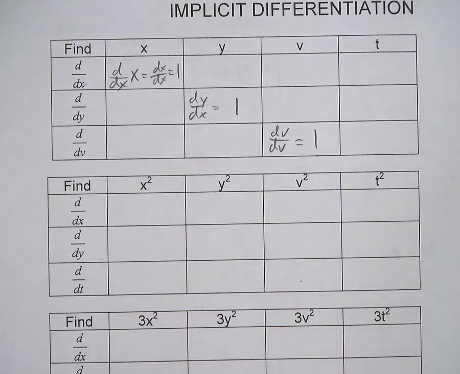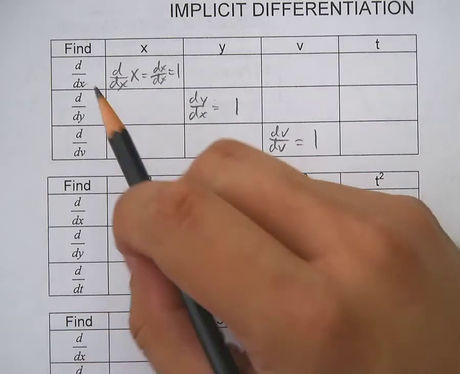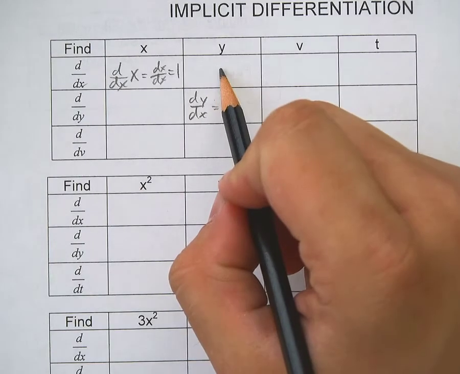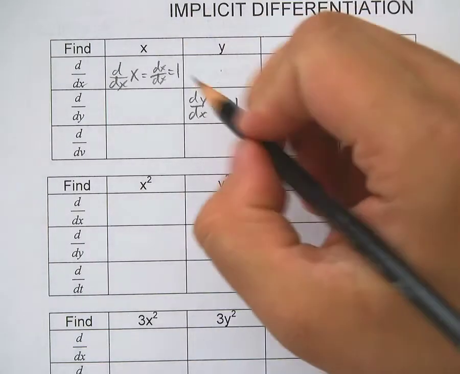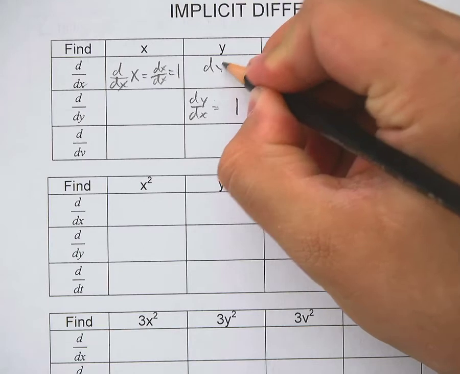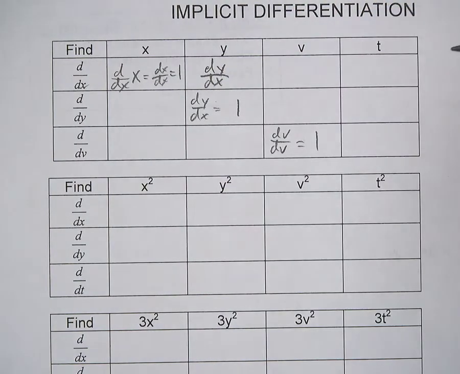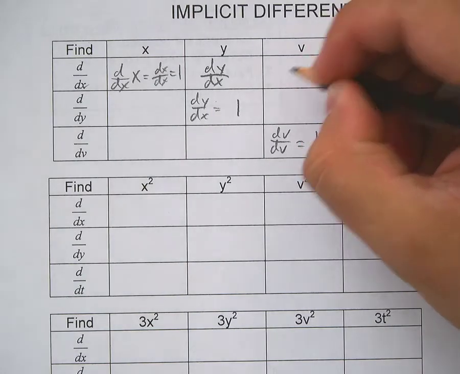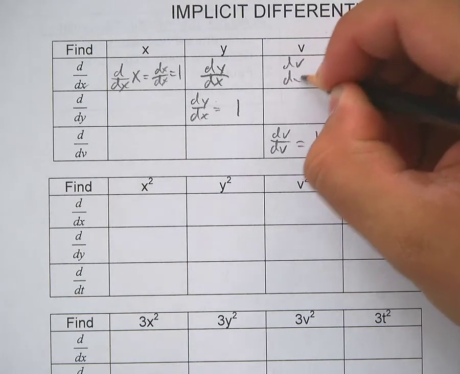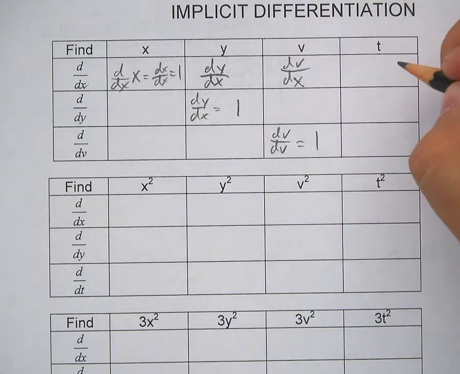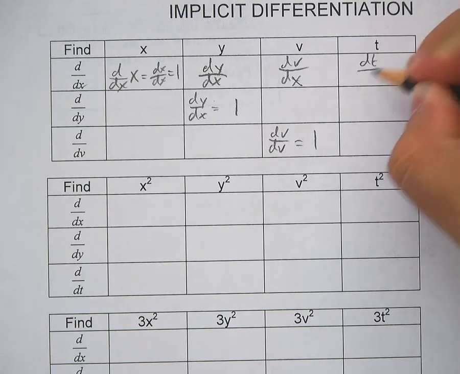But then we get into a couple of other things. We get into the derivative with respect to x, but what happens if I'm taking the derivative of y? Well, if that's the case, then the derivative of y is just dy/dx. It's the derivative of y with respect to x. The derivative of v is dv/dx. The derivative of t is dt/dx, right?